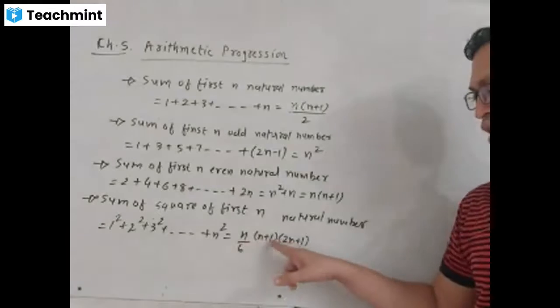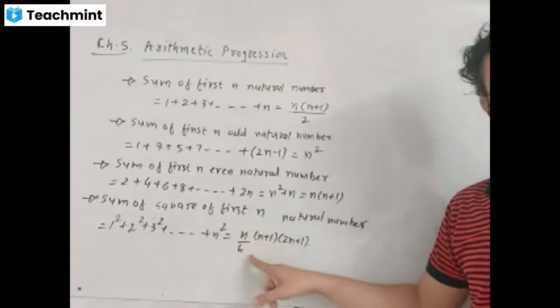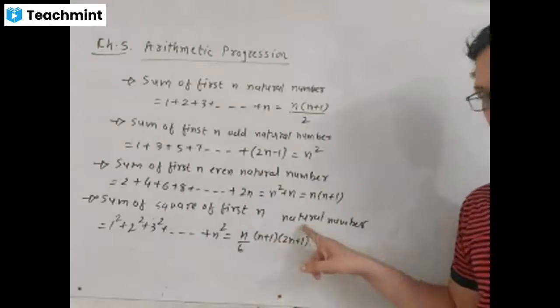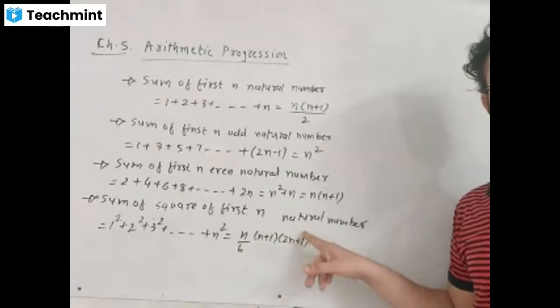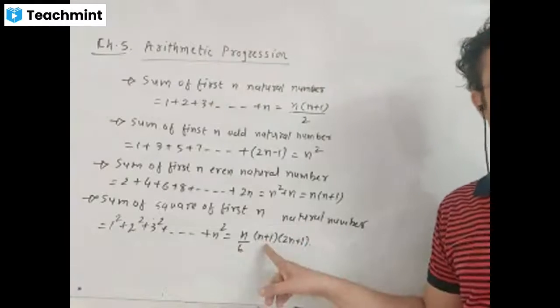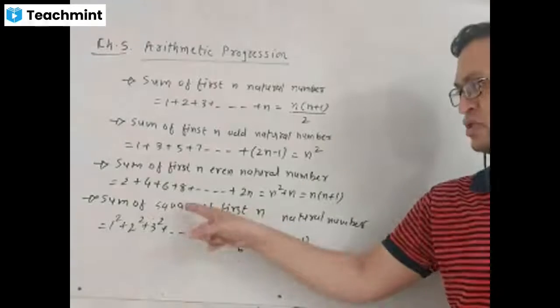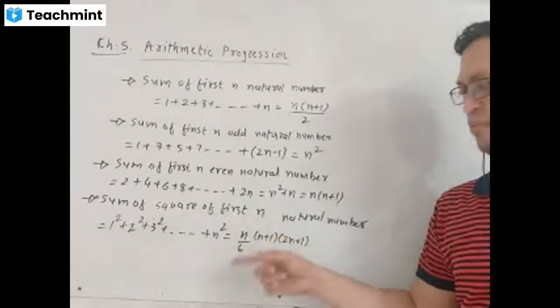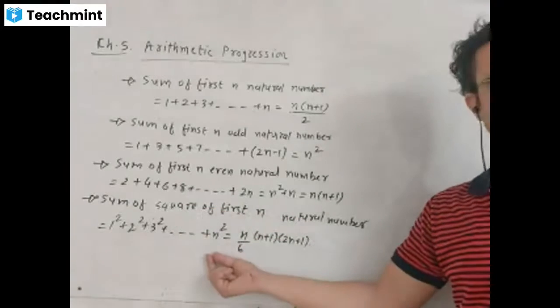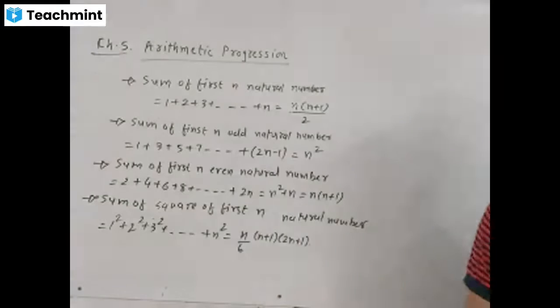So 10 into 11 into 21 by 6, that is 5 by 3, and 3 sevens are 21. 5 into 7 is 35. 35 into 11 is equal to 385. Therefore, the sum of first 10 perfect square numbers, otherwise the sum of squares of first 10 natural numbers, 1 square plus 2 square plus 3 square up to 10 square, is equal to 385.